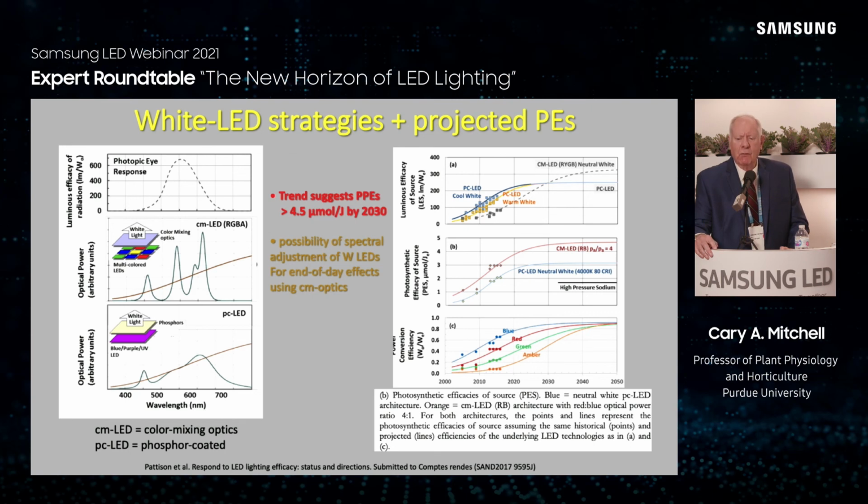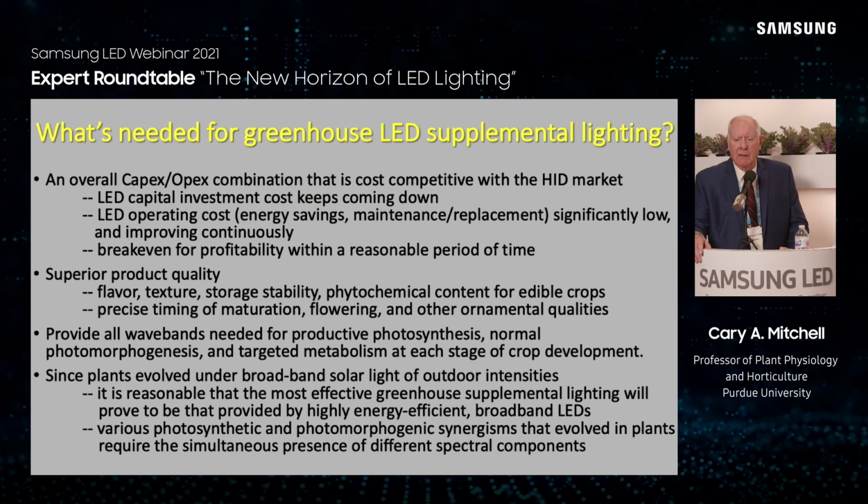And for both phosphor-coated and for the newer color mixing ones, it's going to continue to go up. And if you see that black line down there, the HPS photon efficacy is stuck right at 1.8. So the LEDs continue to move ahead of that.